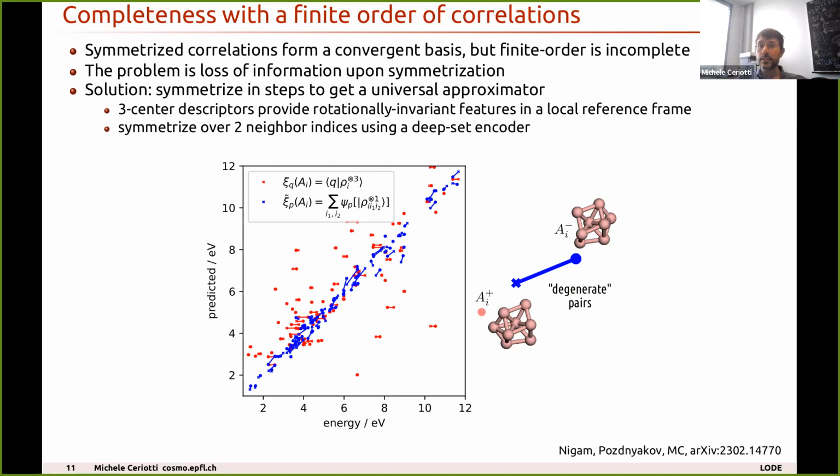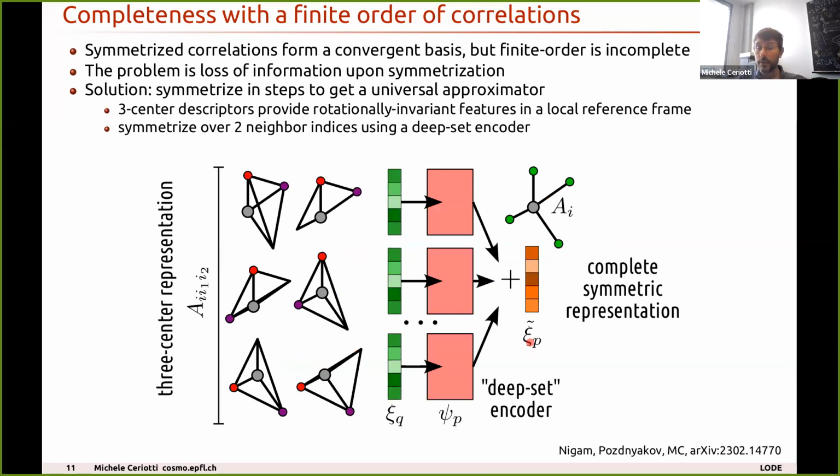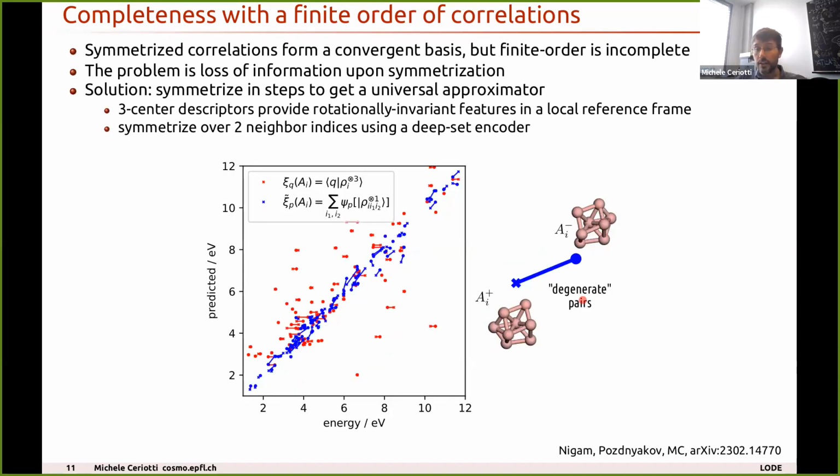Basically, by doing this, we can differentiate structures that are degenerate with respect to three-body correlations. But since we apply a nonlinear transformation in the middle, now we have descriptors that can differentiate between them.